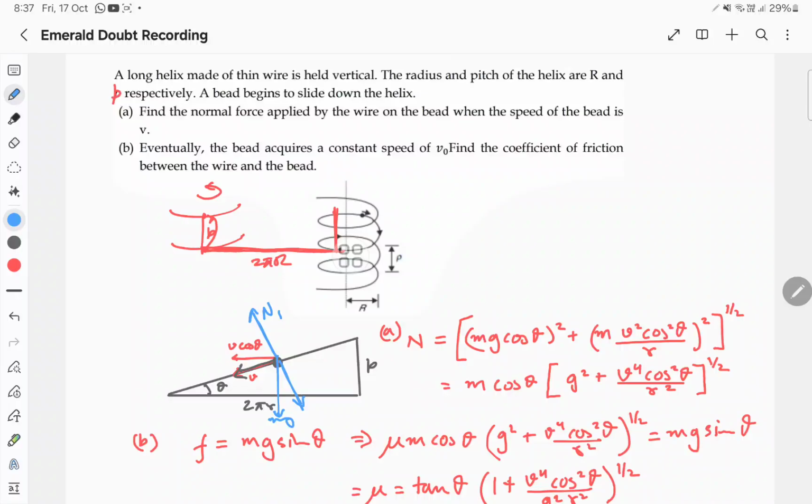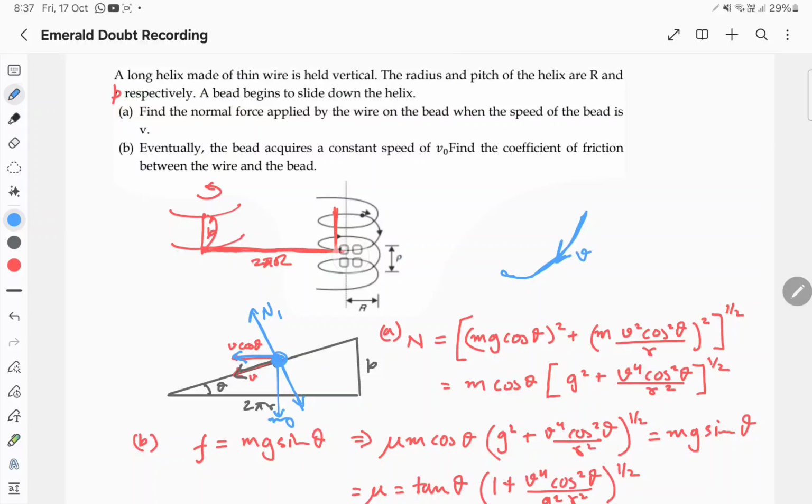Secondly, the bead is going round, and if we see the flat circle, with the center of the circle r away from here, then the bead has a horizontal velocity of v cos theta. Imagine the helix had a very high pitch, and the bead is going downwards with v.